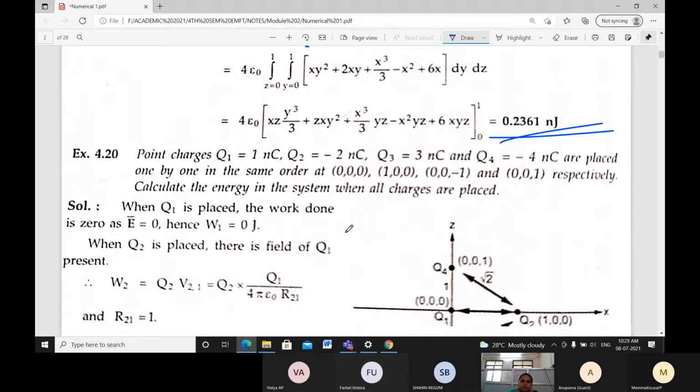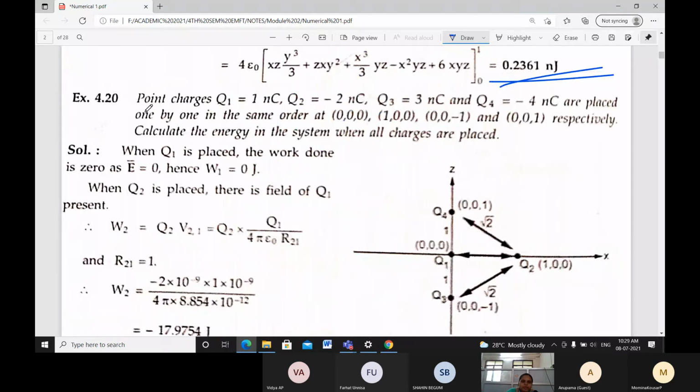This is one problem. The next problem is on point charges. Here different point charges are located at different points, and for them we have to find the energy.